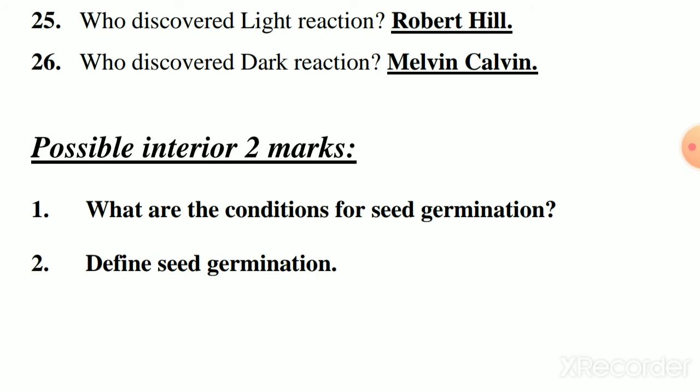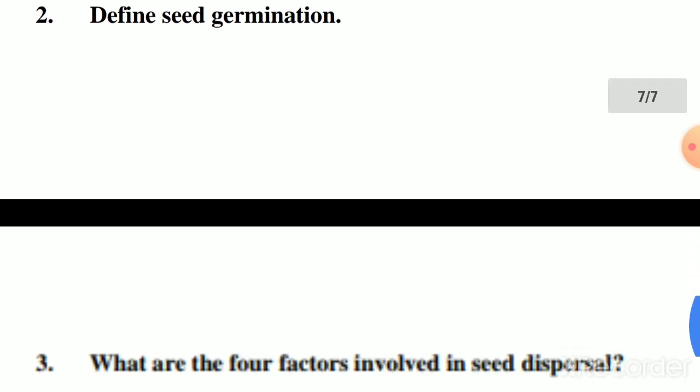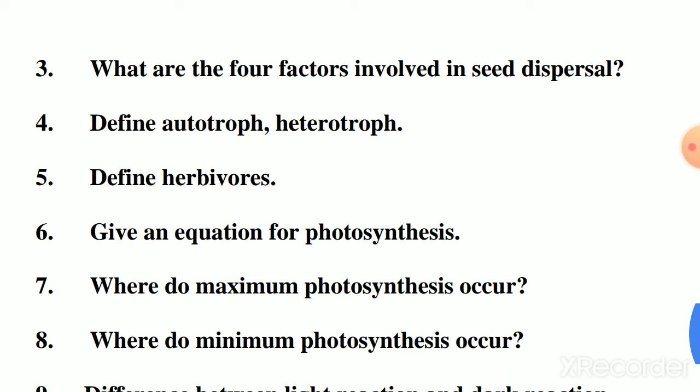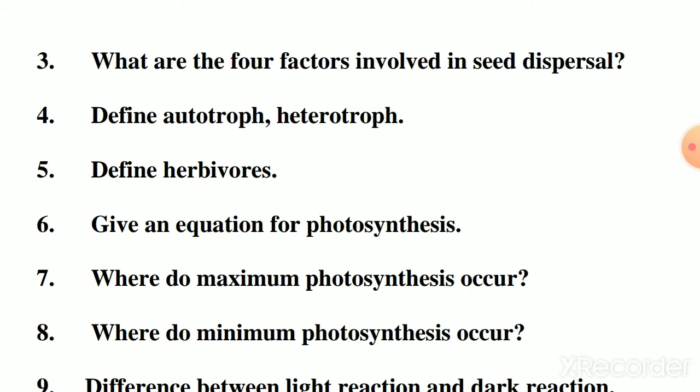What are the conditions necessary for seed germination? Water, oxygen, light and temperature. Define seed germination. Seed germination is the process of growth of seed into a young plant. What are the 4 factors involved in seed dispersal? Wind, water, animal, fruit burst. Define autotroph, heterotroph.